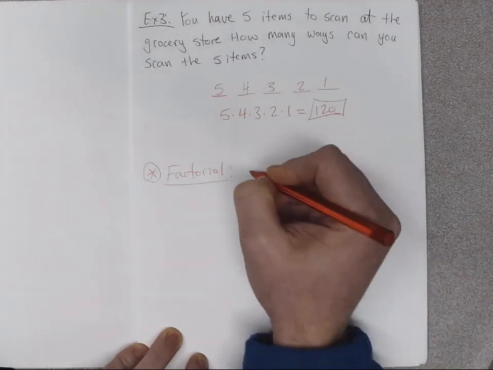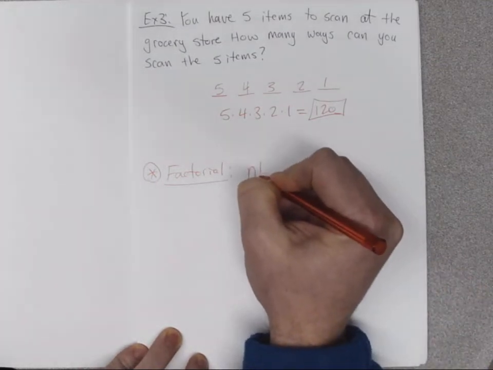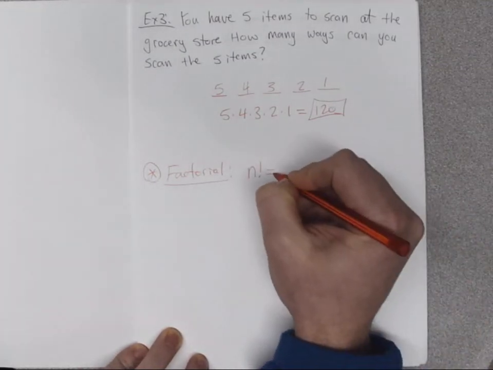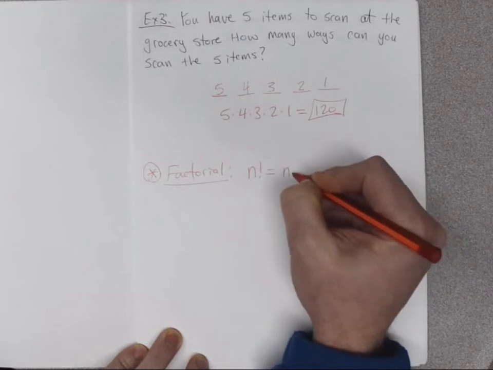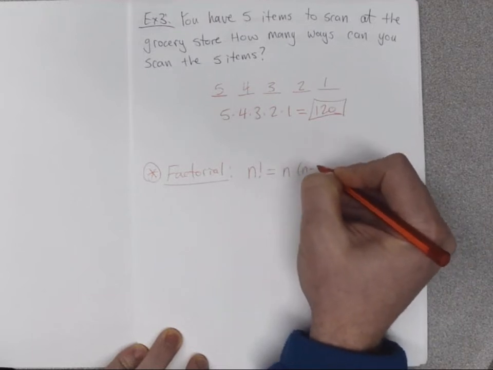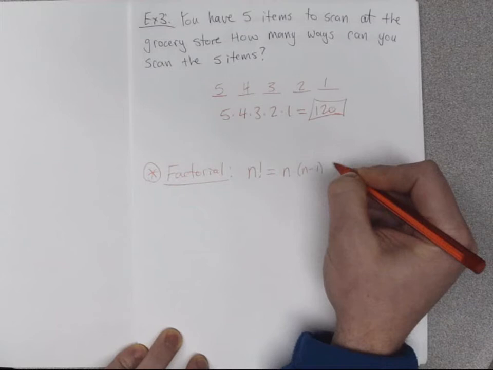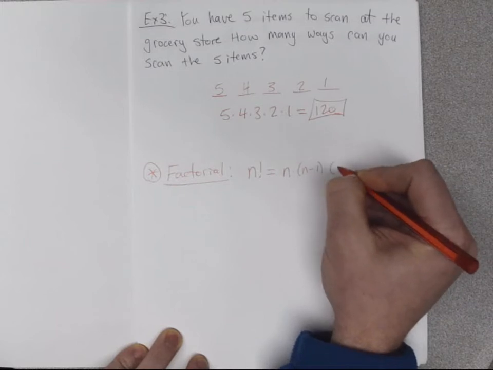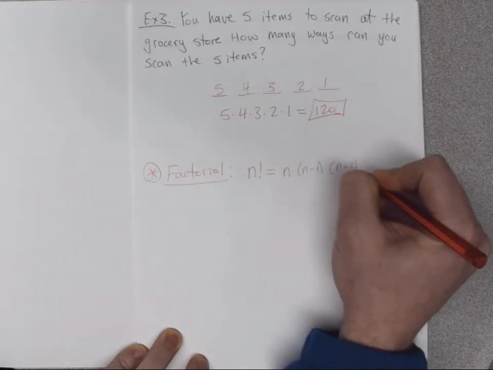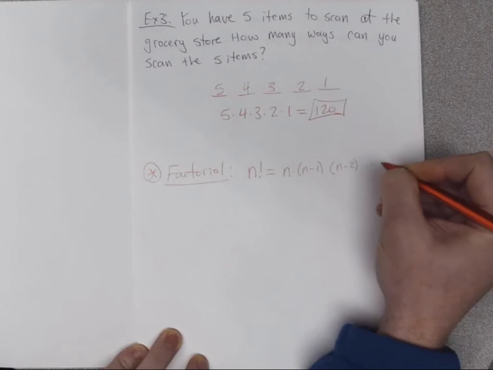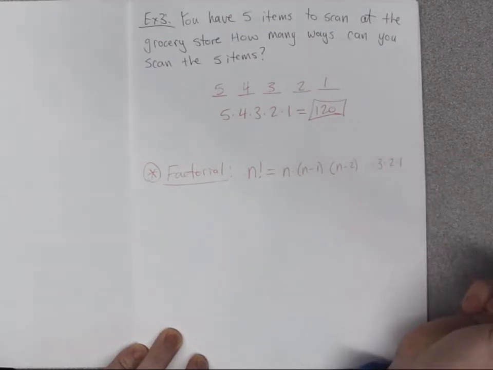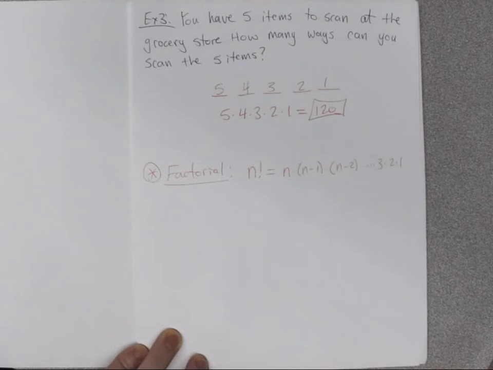In general terms, n factorial is equal to n, and then you multiply that number by n minus 1, just subtracting 1, and then you multiply by n minus 2, and so on. You keep multiplying until you get all the way to 1, so 3 times 2 times 1.